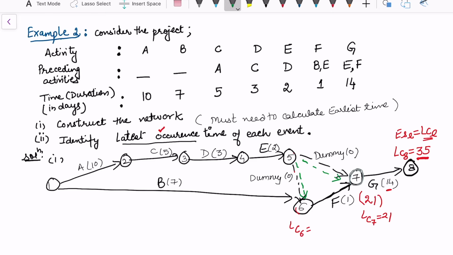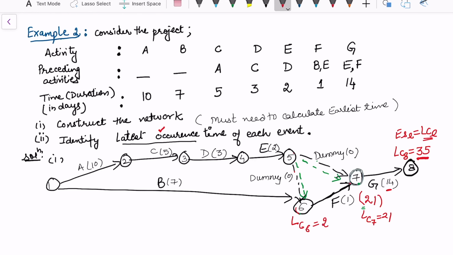So I should know the latest time of the 7th node and the latest time of the 6th node, so that from their latest times I can subtract the time taken by these new activities. So now I'm going to complete the latest at 6th node, which only generates the activity F. So 21 minus 1, this is 20 days.